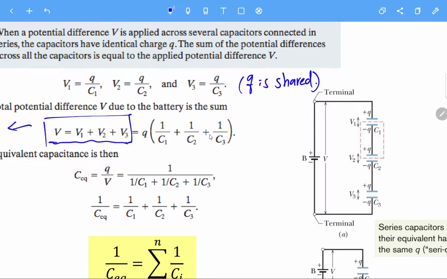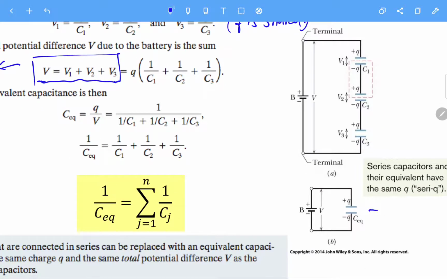Substituting here, we can factor out Q so that we have 1 over C1 plus 1 over C2 plus 1 over C3, all multiplied by Q. Equivalently, we also have Q equals CV, so V equals Q over C equivalent.